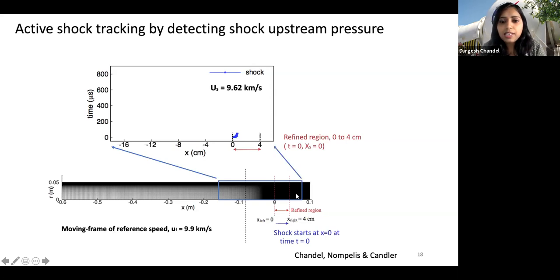We detect the shock whenever the pressure in the upstream region is more than 10 or 15% of the free stream value, we say that the shock has arrived, and that location is tracked in time. That's what is indicated by a triangle here. This plot here is this region of the computational domain.